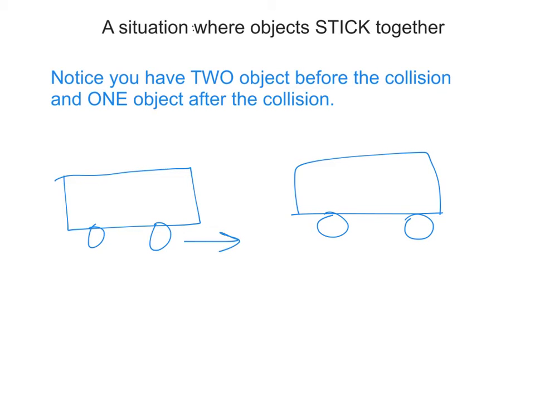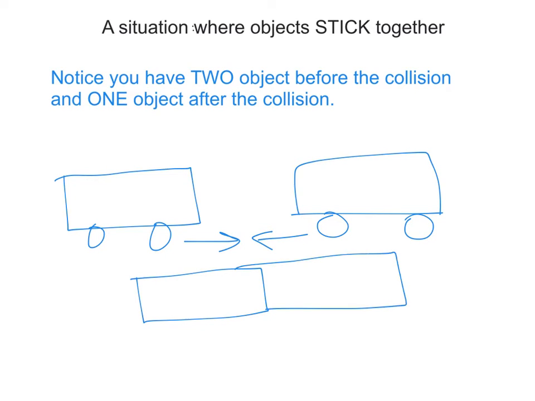So this one's moving this way, this one's moving this way. They hit each other and what happens now is you have one really big object that now continues moving in one direction or the other, or perhaps stops. We start with two objects and end up with one bigger object.